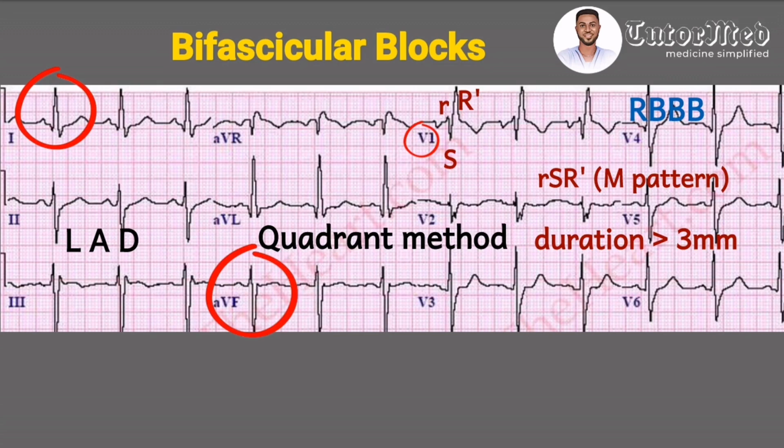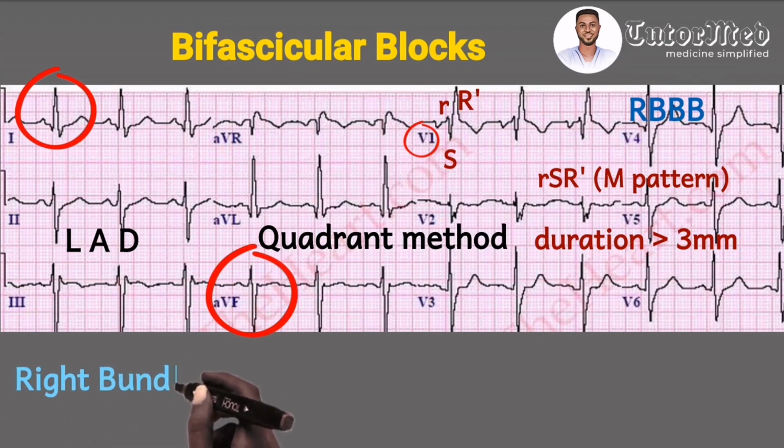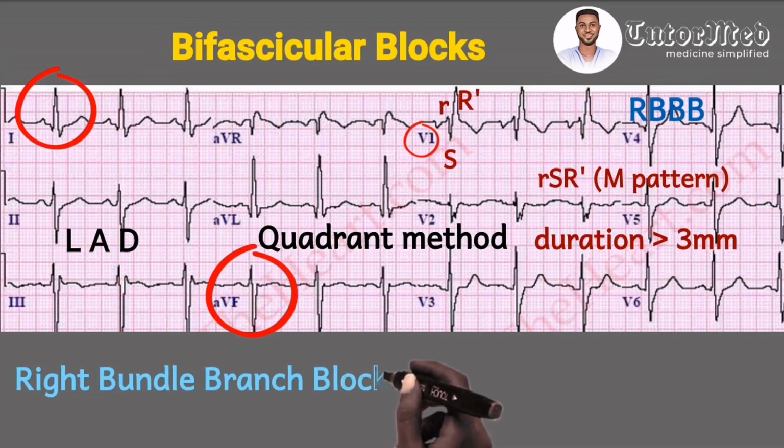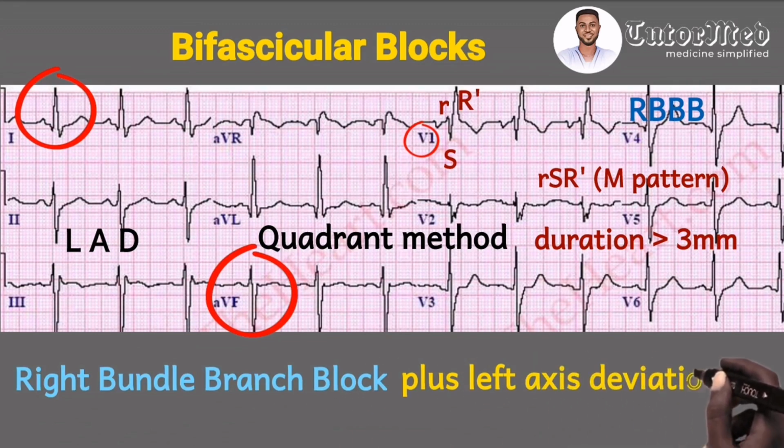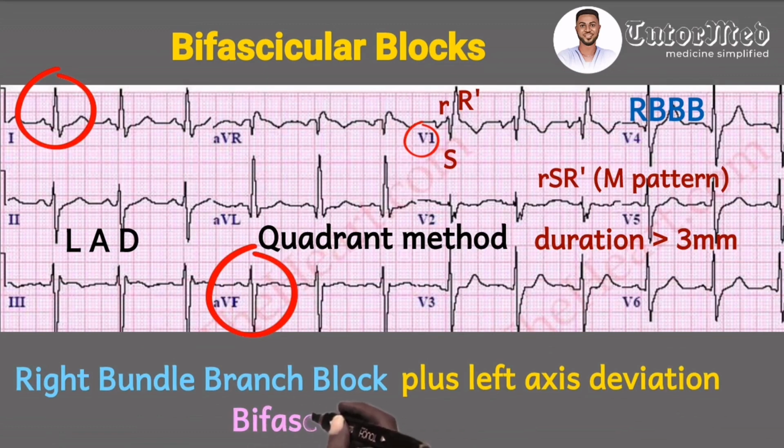And so if you have a right bundle branch block with a left axis deviation instead of a right axis deviation, you make a diagnosis of a bifascicular block. Very good.